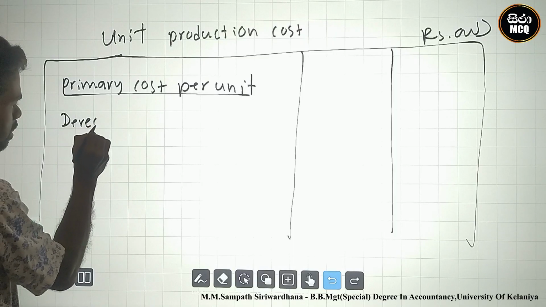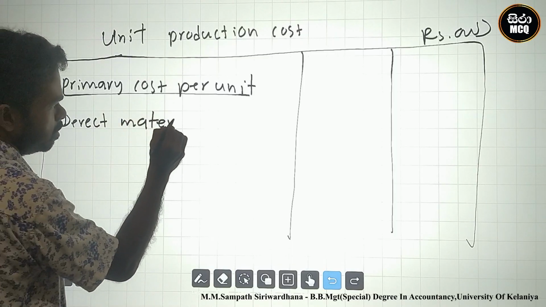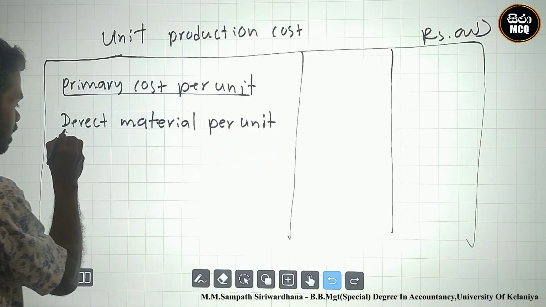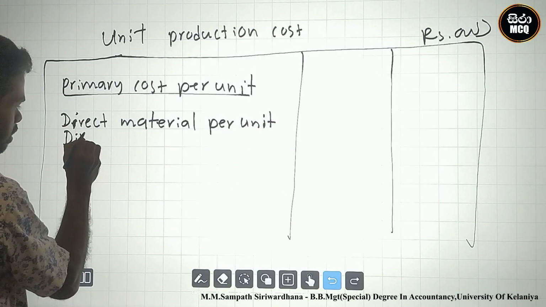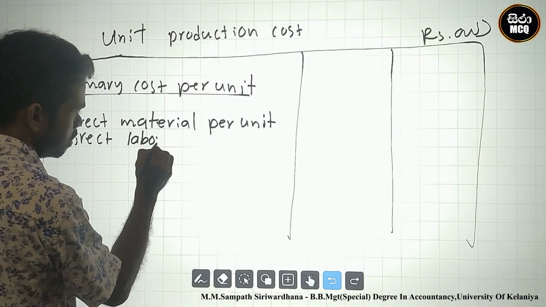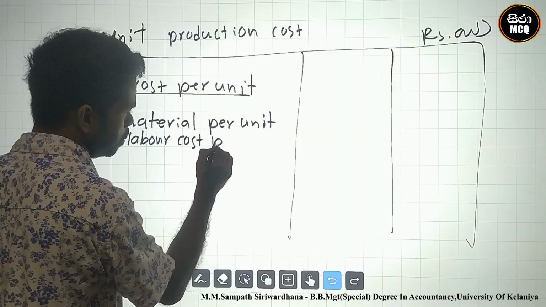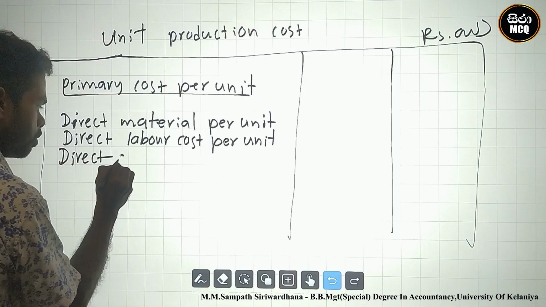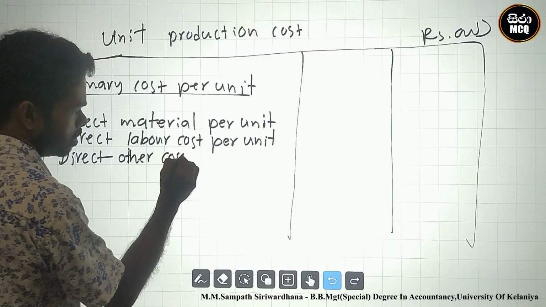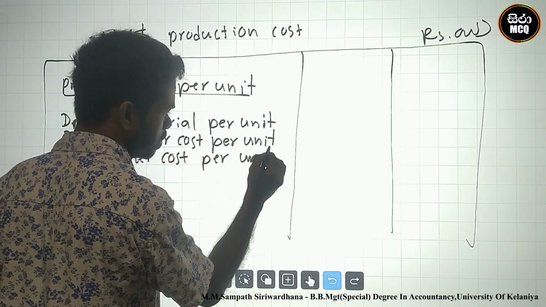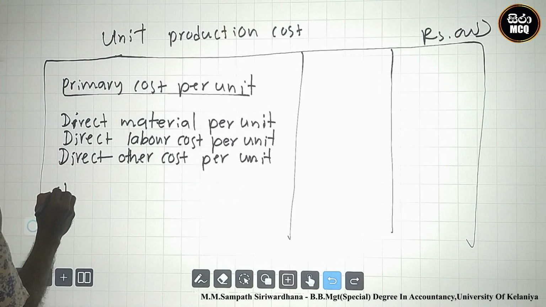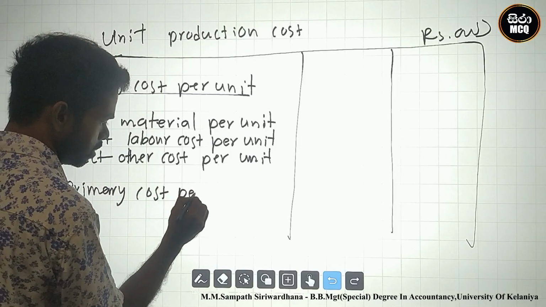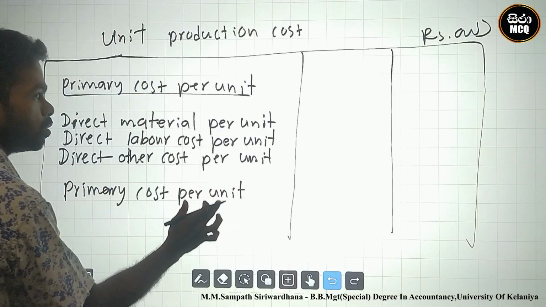Direct material per unit, direct labor cost per unit, and direct other cost per unit. The sum of these gives us the primary cost per unit. This is the production cost calculating structure.